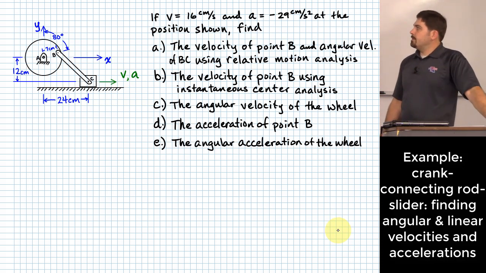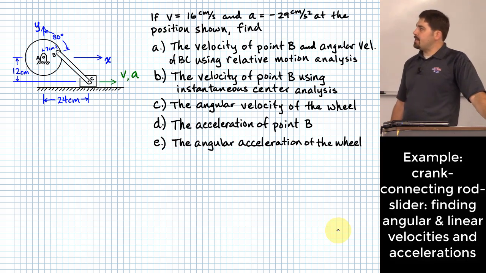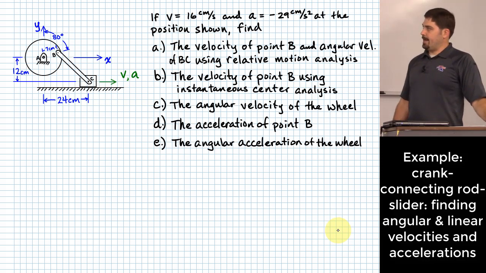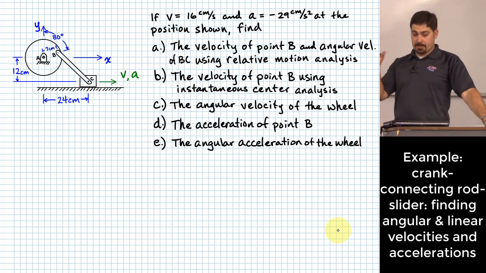We are also given the position of point C relative to point A, again at this instant in time. We're given that with the 12 centimeter and 24 centimeter dimensions that are listed right there.